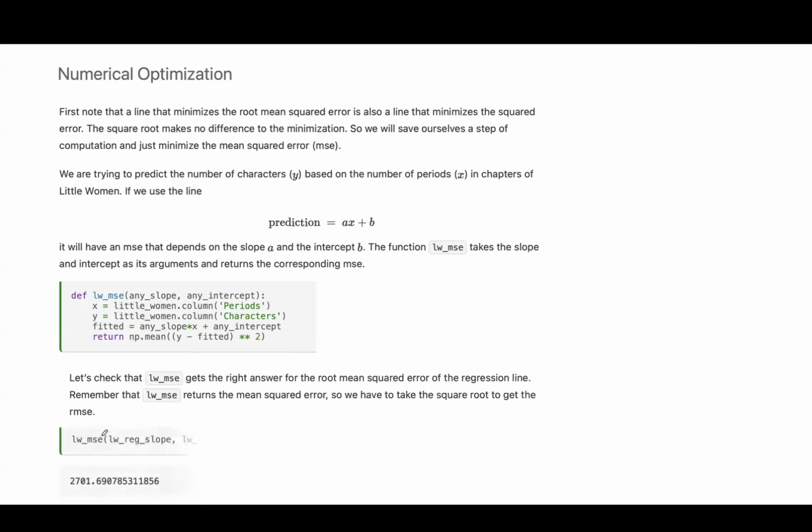So if we look at the mean squared error of the slope and the intercept, and then take the square root of it to get the root mean squared error, this is basically 2701.69, which is the same as what we saw before.